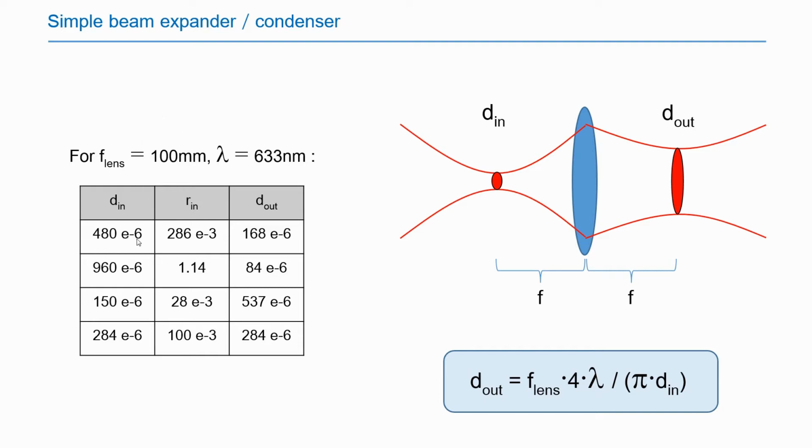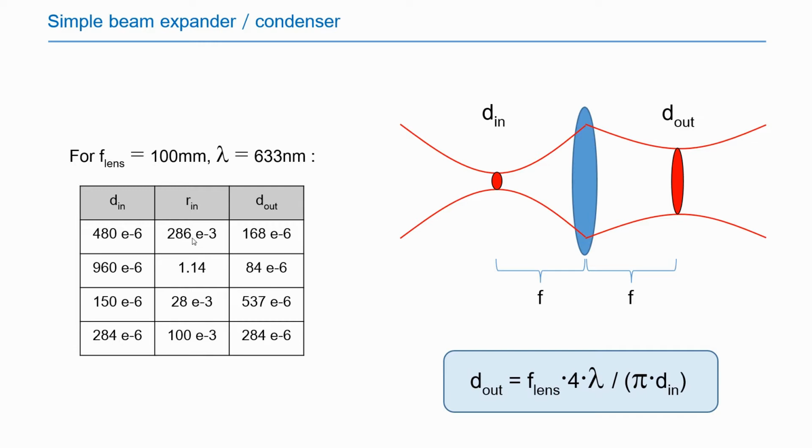The helium neon laser that we are using has a beam diameter at the waist of 480 microns, and using the formula that we showed earlier, that equates to it having a Rayleigh length of 286 millimeters.